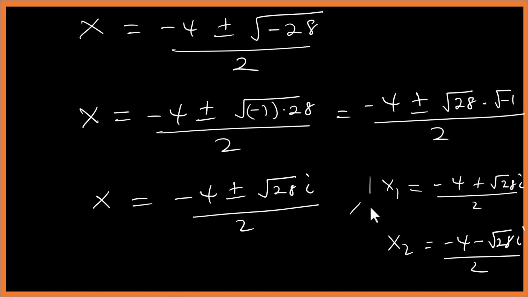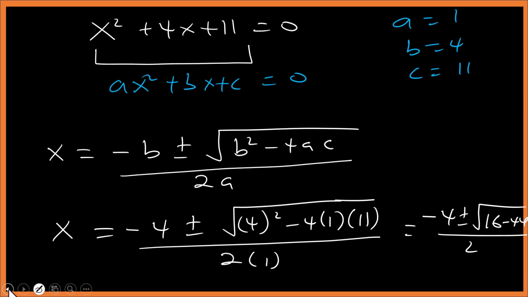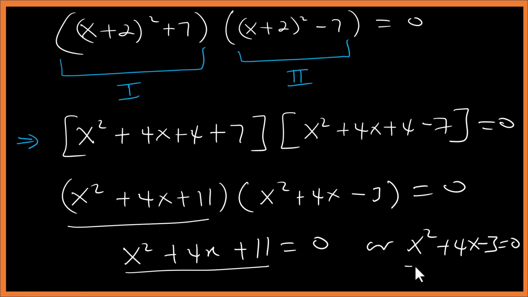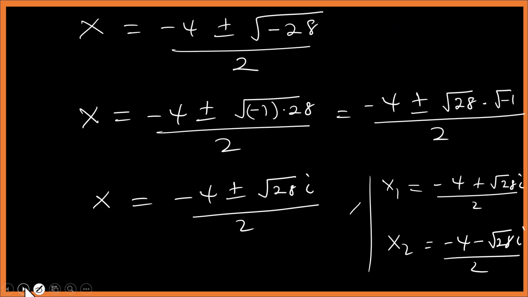So we have the first two solutions. Now let's look at the second option, x squared plus 4x minus 3 equal to 0.